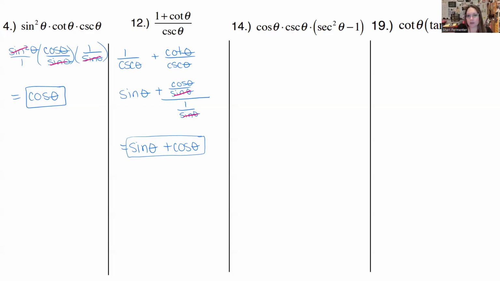Tangent. So I'm going to say cosine over 1. Cosecant is the same thing as 1 over sine. And then secant squared minus 1 is tangent squared. I'm going to put it over 1.